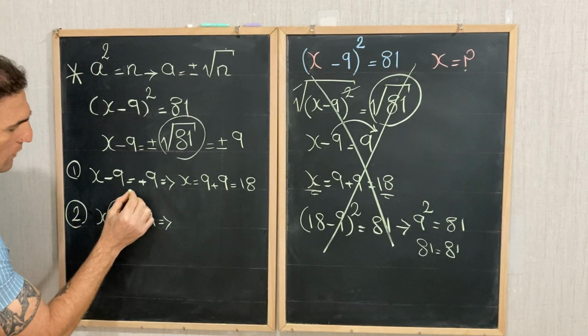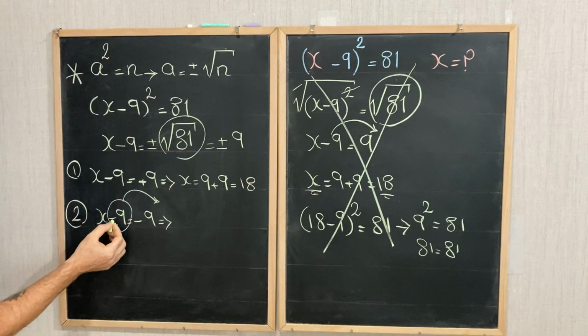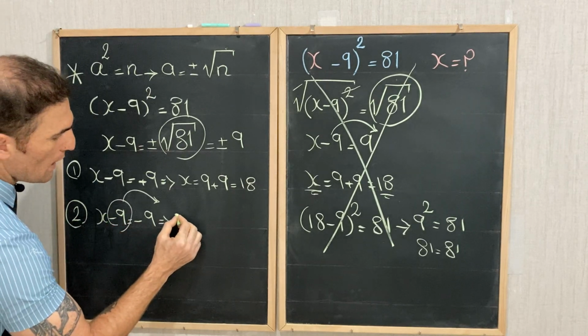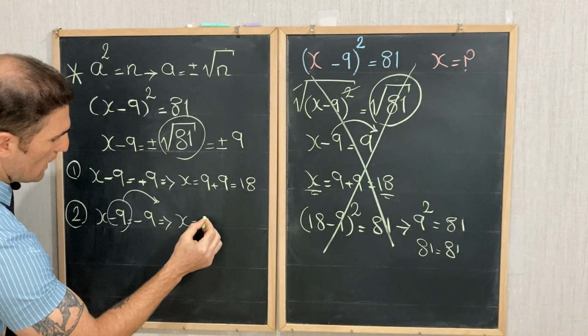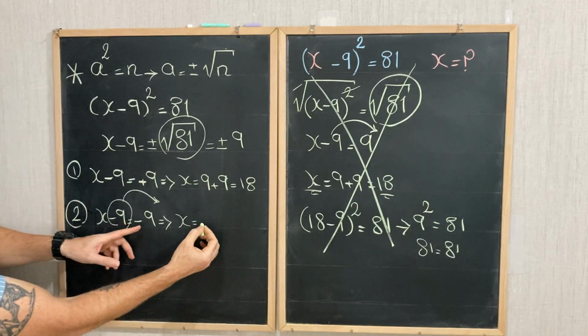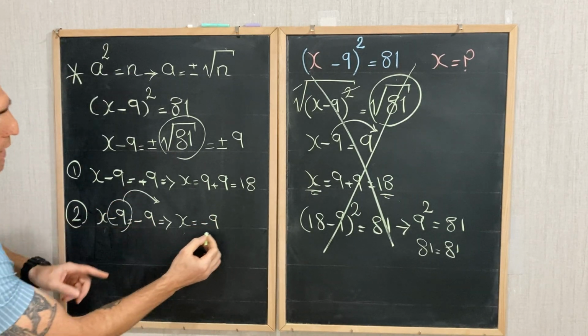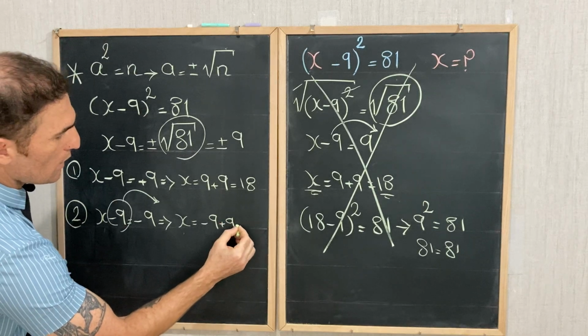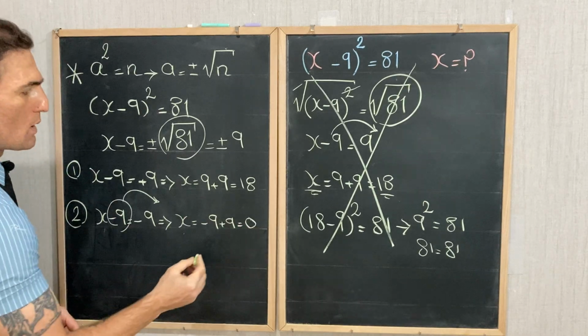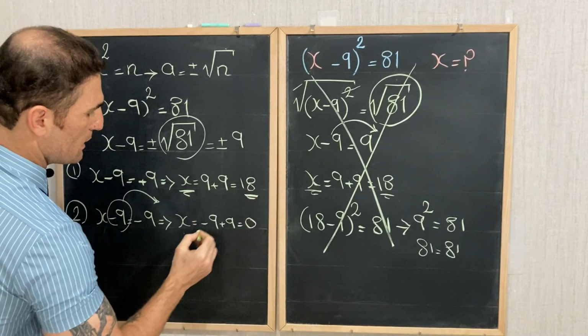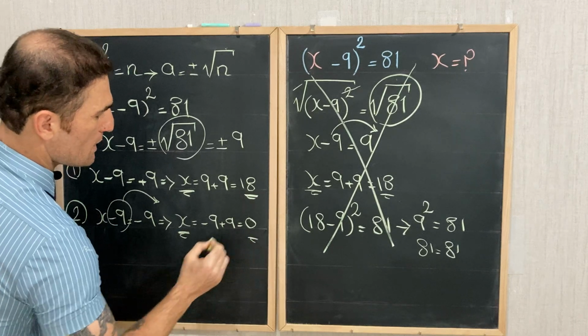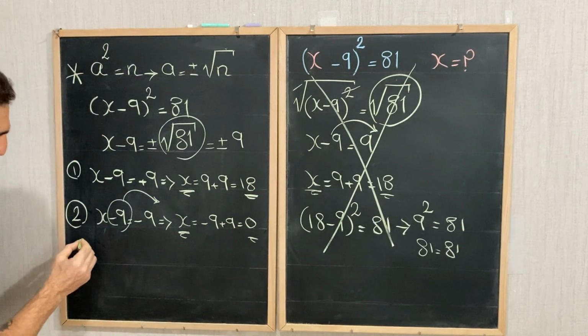Transpose this negative 9 to the other side and change the sign. So x equals negative 9, negative 9, change the sign, positive 9, or 0. So x equals 18 and x equals 0 are two answers.